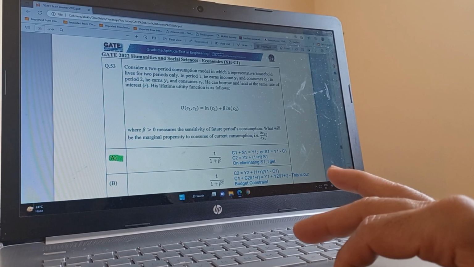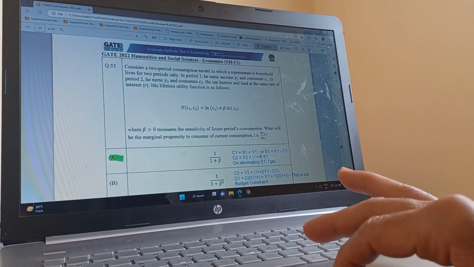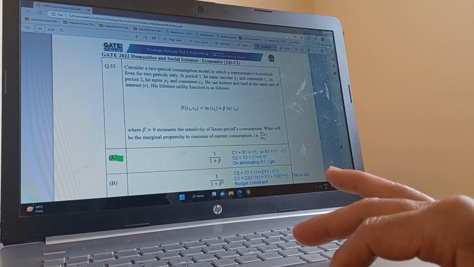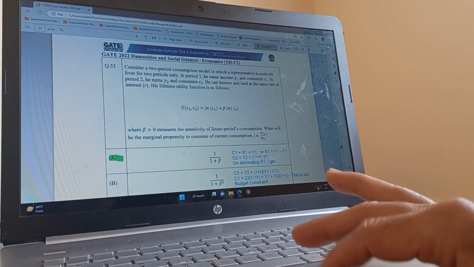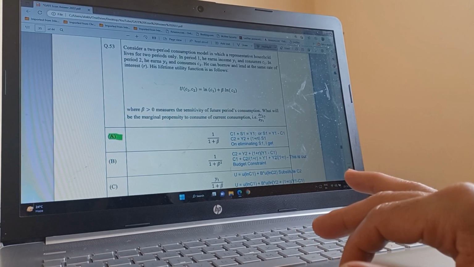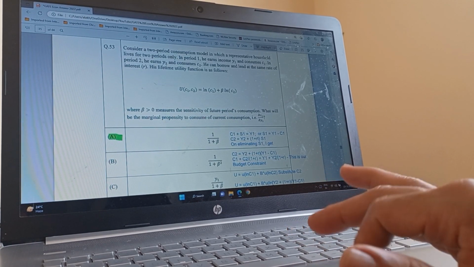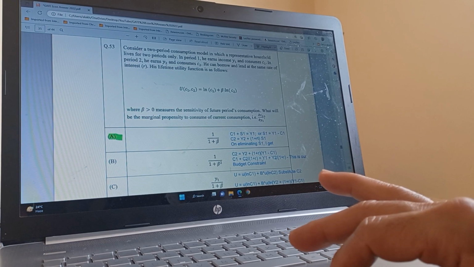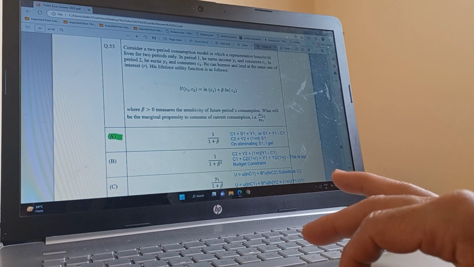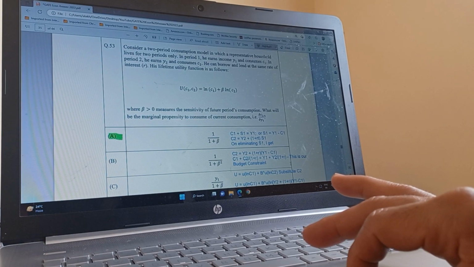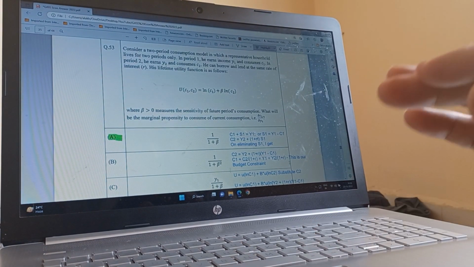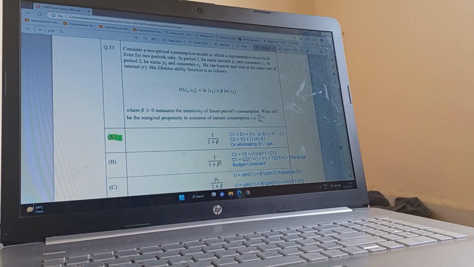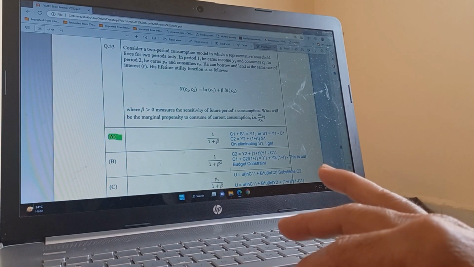And this one is equal to C2, so I put it here. Then I divide C2 by 1 plus R, and I get C1 plus C2 divided by (1 plus R) equal to Y1 plus Y2 divided by (1 plus R). Okay, so this is our budget constraint for both the periods.